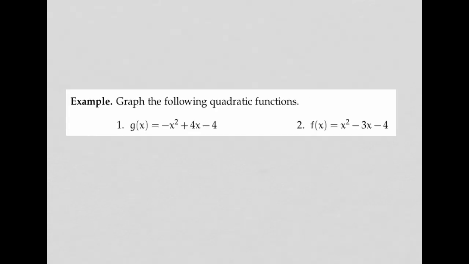Let's see some examples of graphing quadratic functions. I'm going to go over the following 2 examples step by step. Starting with the first example, let's graph the quadratic function minus x squared plus 4x minus 4. Well, this is a quadratic function. The graph must be a parabola.